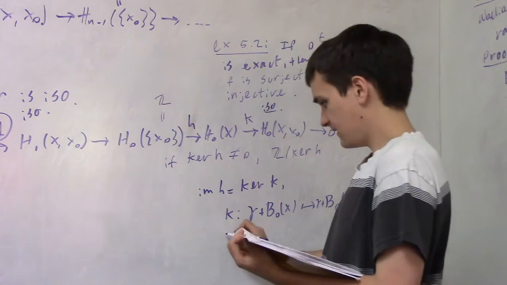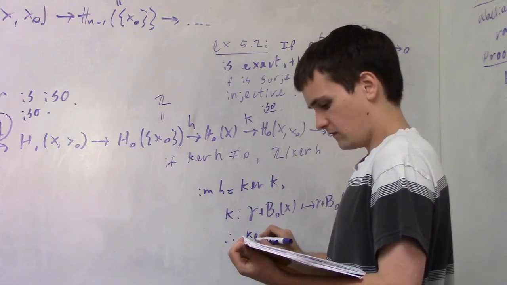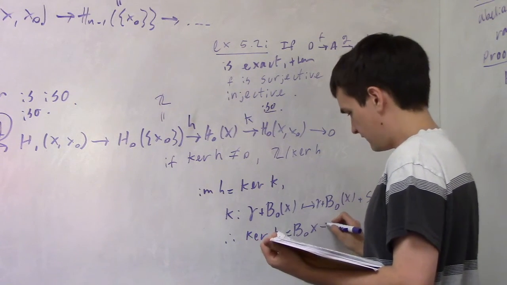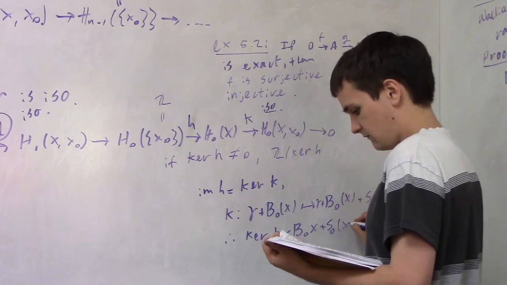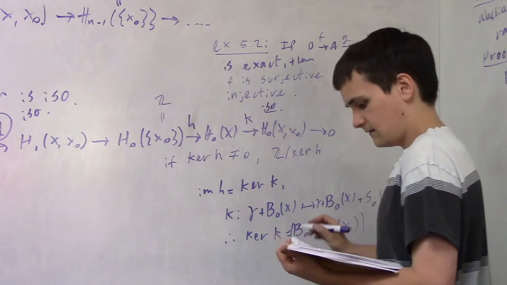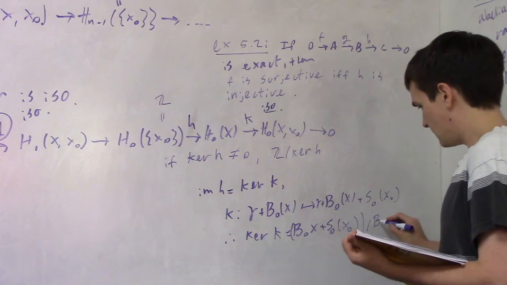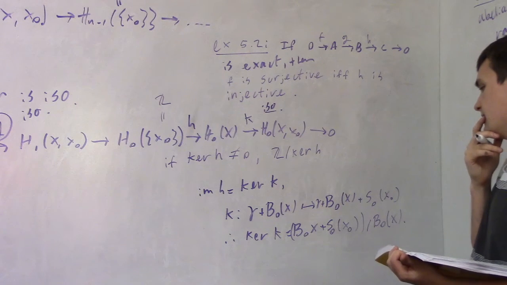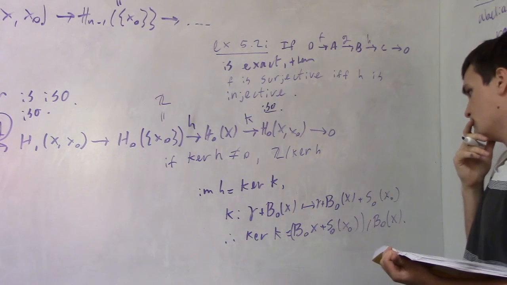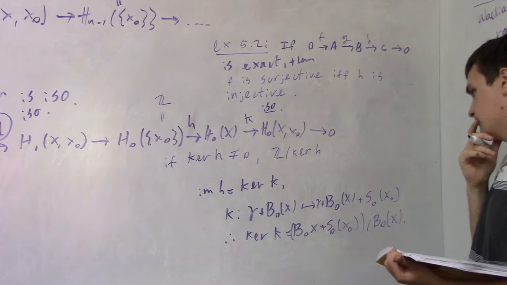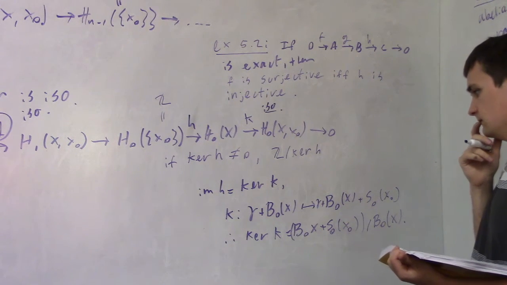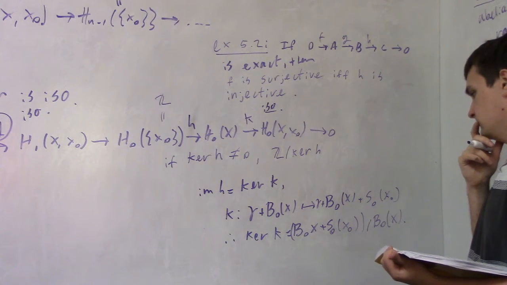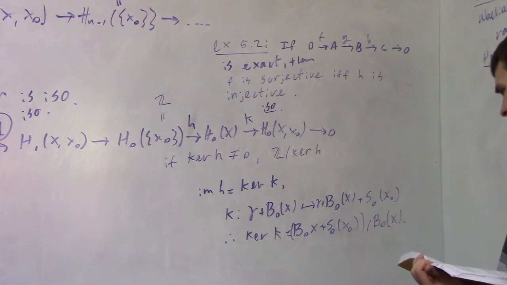But then they say therefore the kernel of K must be equal to b naught of x internal sum s naught of x naught, mod b naught of x. And that I don't entirely understand. Well, I think the coset is b naught x plus s naught x naught.